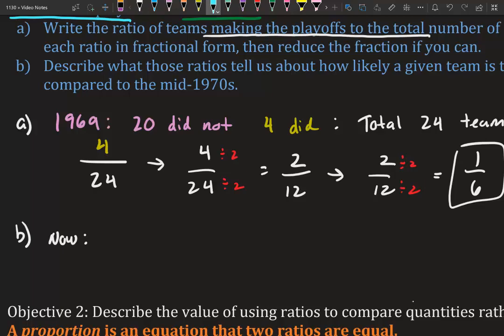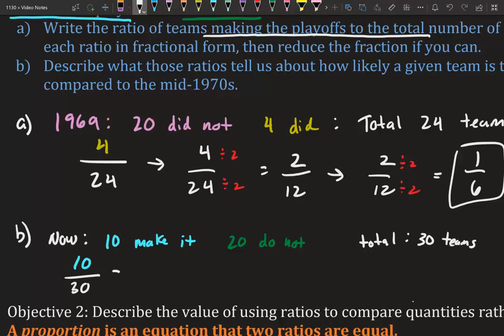So now 10 teams make the playoffs and 20 do not. So that gives us a new total of 30. We have 30 teams now. So we want to figure out how many make it. So 10 make it out of 30.